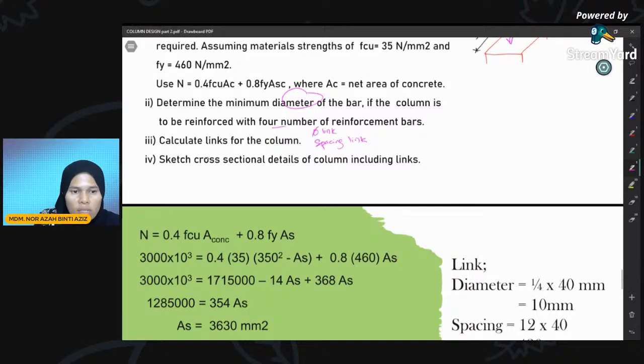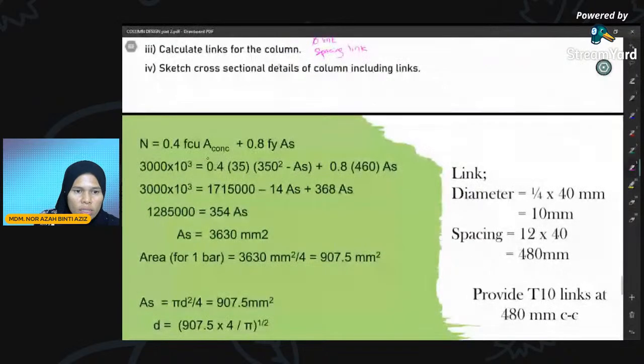So 3010 times 10 to the power of 3 equals 0.4 times 35 times AC, net area of concrete, 350 squared minus AS, plus 0.8 times FY 460 times AS, where AS is the total area of reinforcement. From this, we get AS equal to 3630 millimeter square.